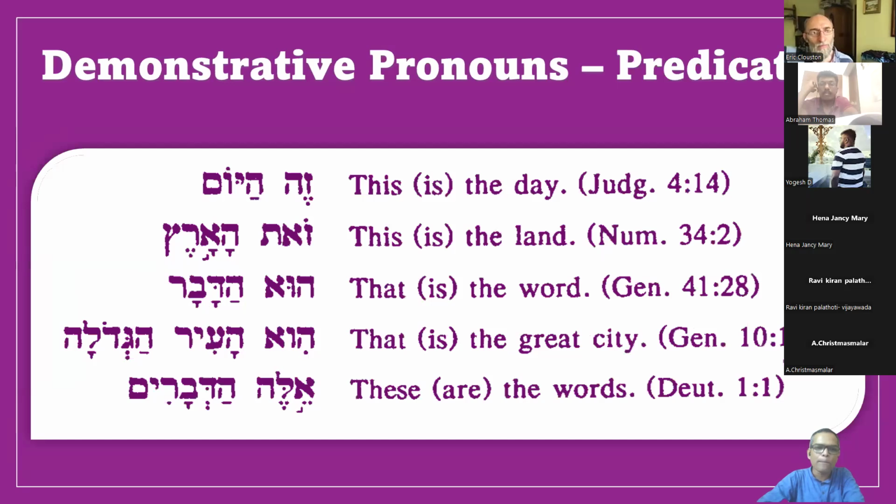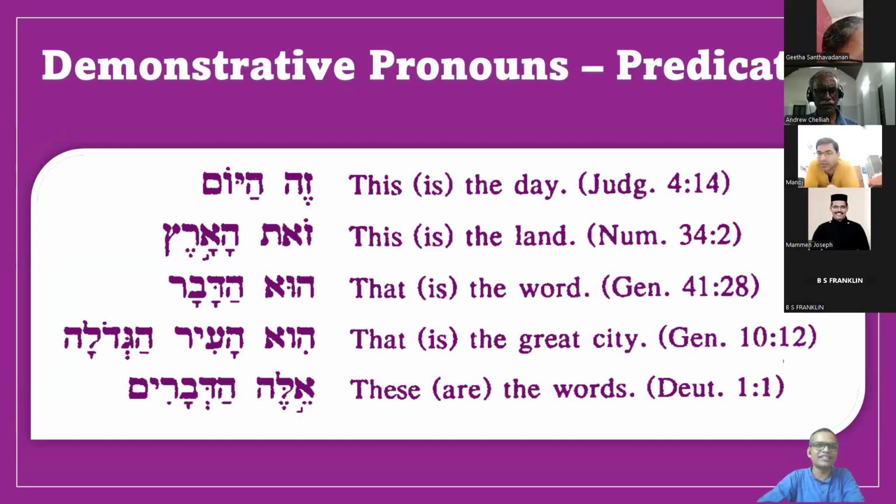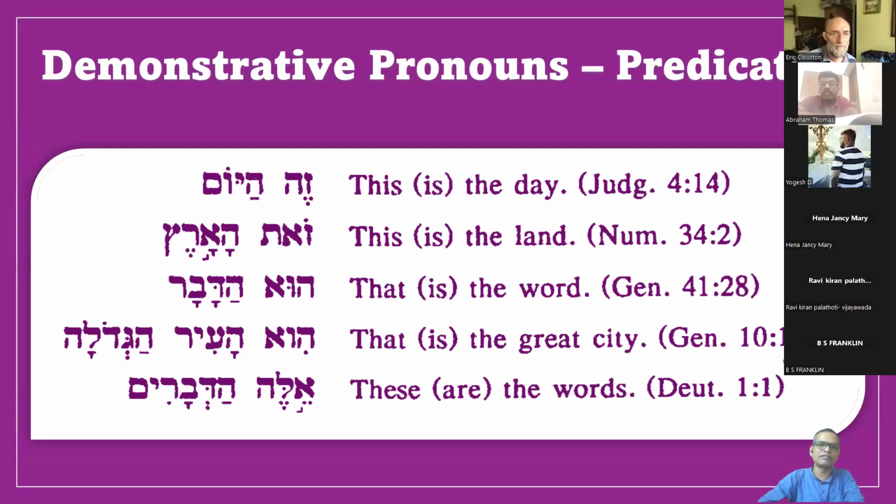It could be a demonstrative pronoun, or it could also be a pronoun. Hu is he, hi is she. But here you have vav instead of yod. Why?